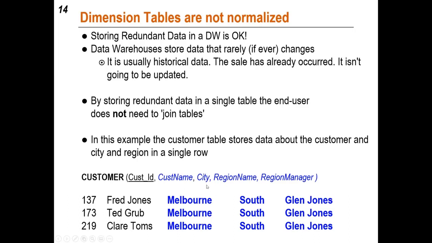The main advantage of having fewer tables is that we don't need lots of joins to run aggregate queries, because when you have more joins, that slows the query processing time.